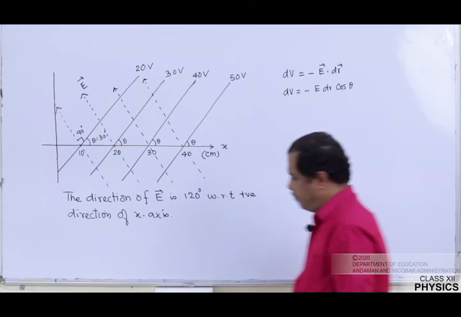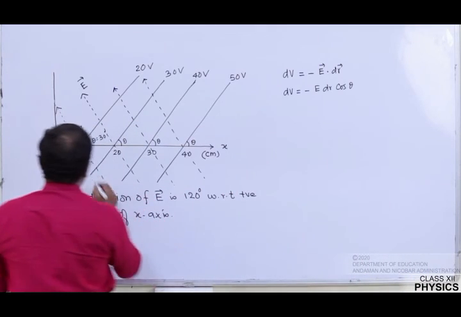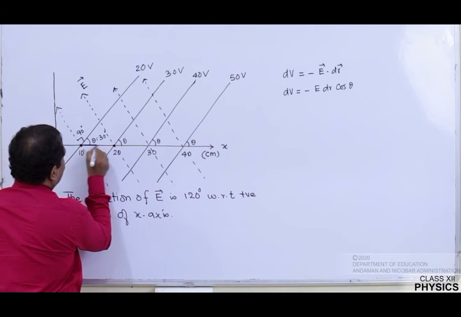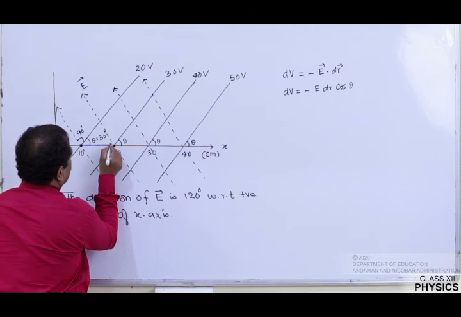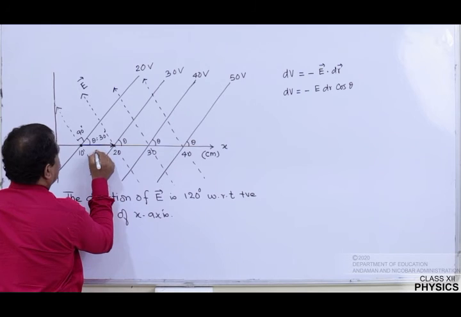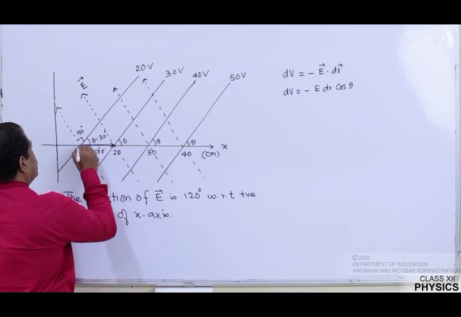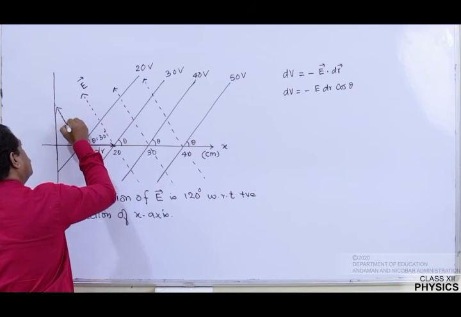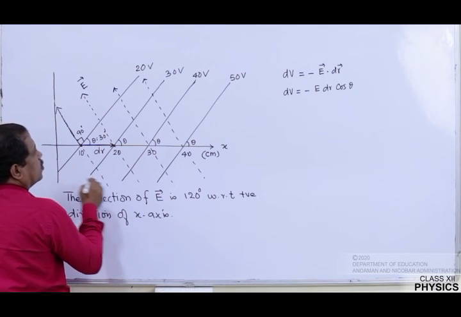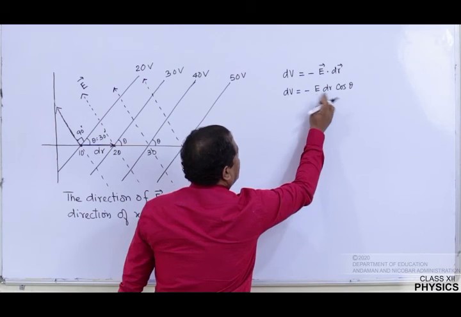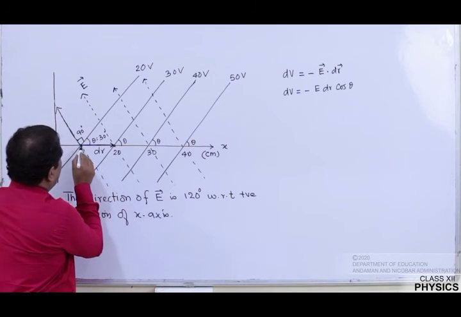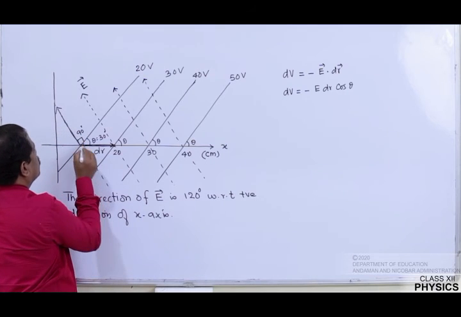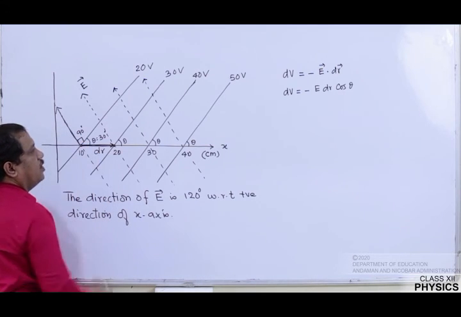Let me say I am trying to move from this point to this point. When I move along this direction, this is dr, and this is the direction of the electric field. So theta is the angle between E and dr, which is 90 plus 30, 120 degrees.